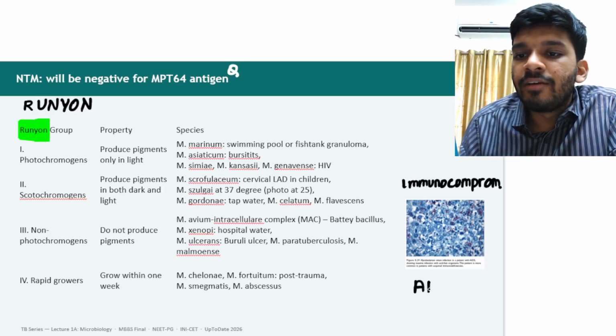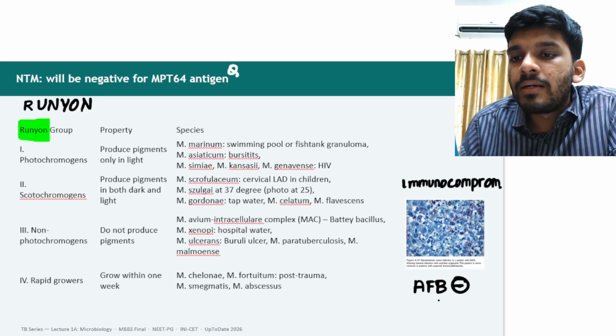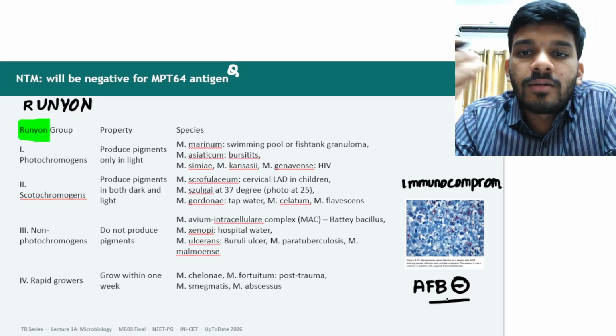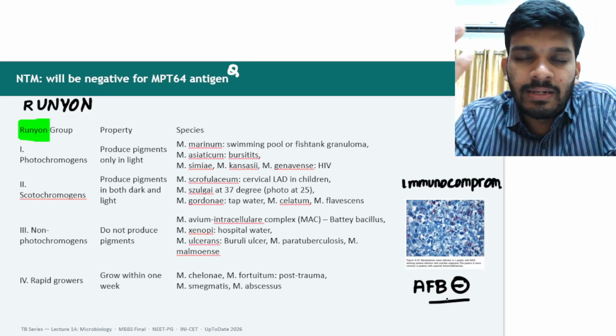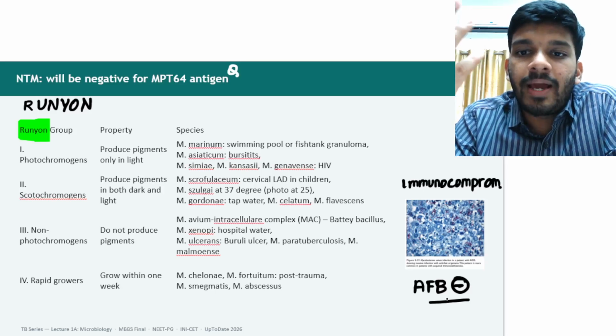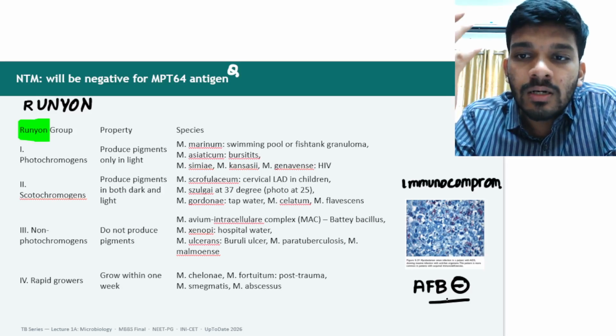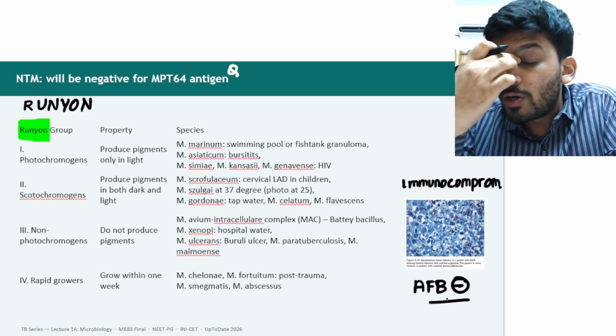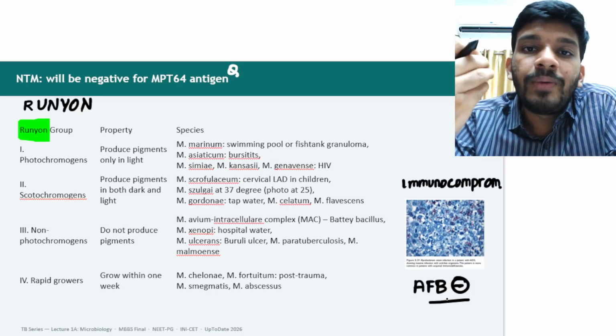The AFB will be negative, maybe the culture is also negative, but the clinical manifestations look similar. And they can ask you what microorganism you are suspecting, and your most common answer will be MAC, Mycobacterium avium intracellular complex.